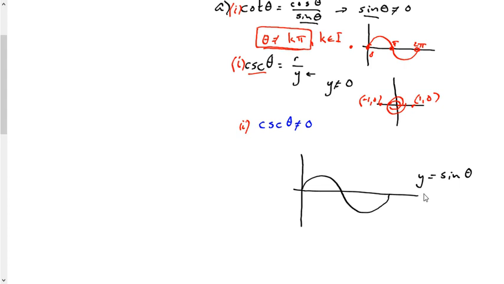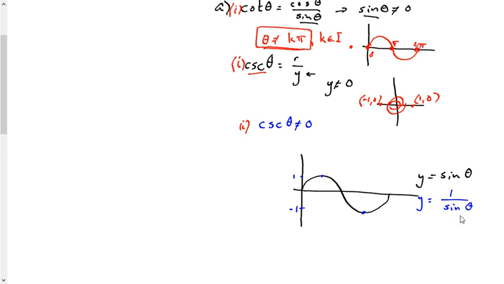If I was to look at the graph of y equals 1 over sine theta, I would do the reciprocal of this function. Remember, my maximum here is at 1. What's the reciprocal of 1? Also 1. So this point is on the graph of cosecant. Down here, my minimum was at -1, and the reciprocal of -1 is also -1, so that point is on the graph of 1 over sine theta, which is the graph of cosecant theta.